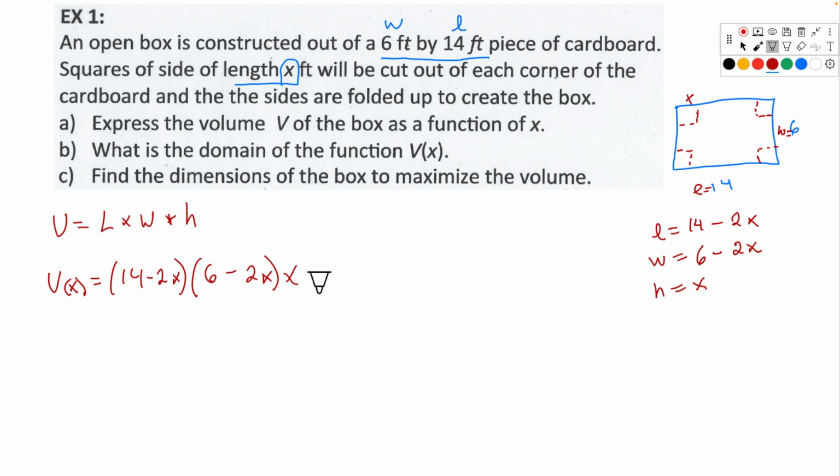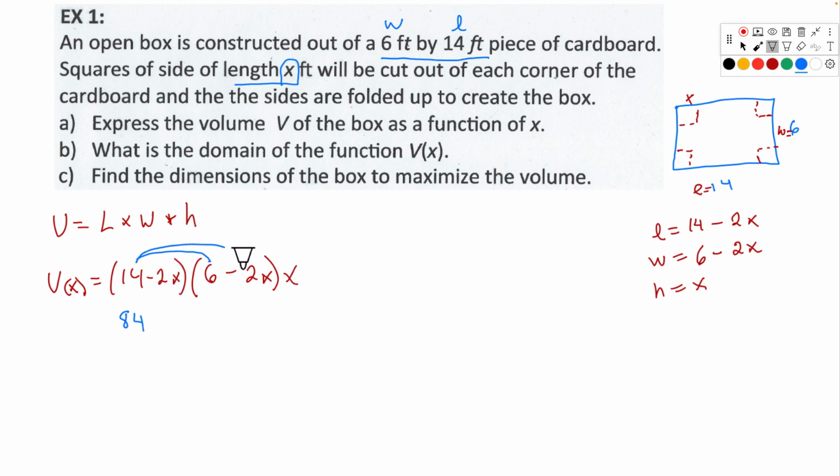That's not a real pretty derivative to take, so what do we kind of need to do first? Distribute, FOIL, all this. So that's a little bit of algebraic stuff. I think I'll FOIL first. 14 times 6 is 84.